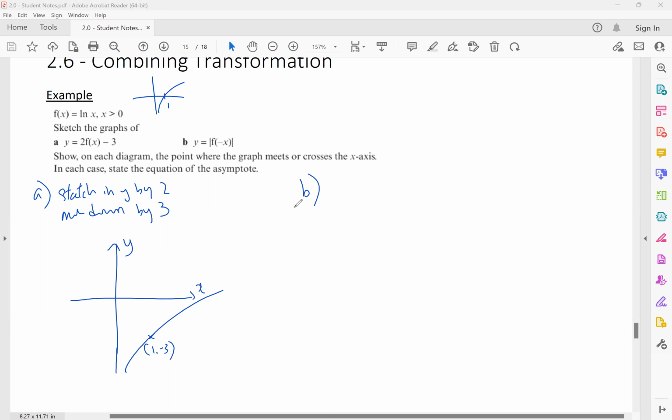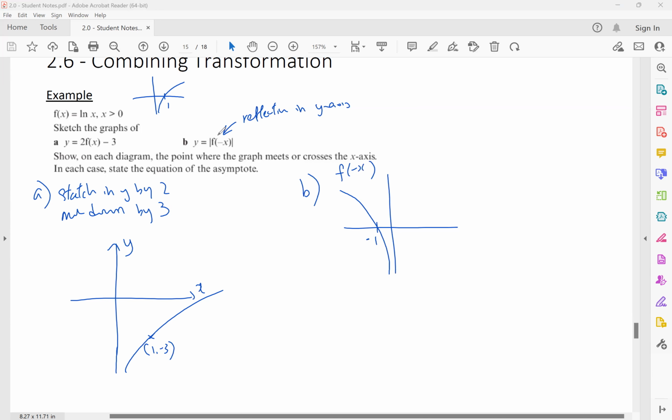Part B. y equals modulus of f(-x). The modulus will come last. So minus x means it's a reflection in the y-axis. So if we reflect in the y-axis first, that would be that one. Right, so this is f(-x).